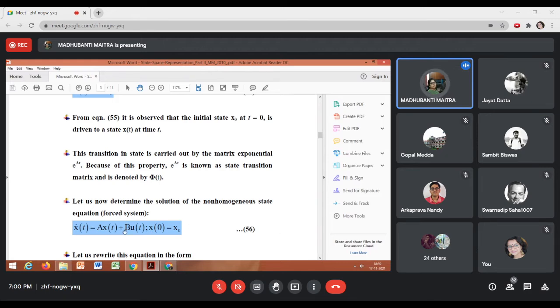So let's consider our state equation, and now our system is a non-homogeneous system, or in other words, a forced system, and this is the input to the system, ut.